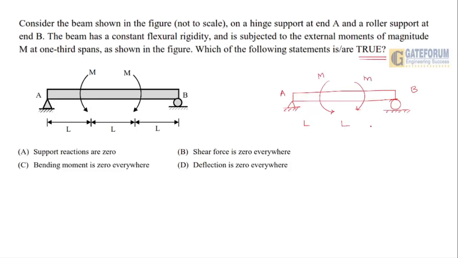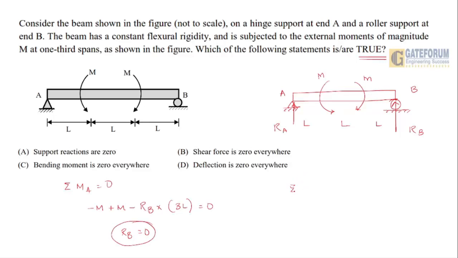Obviously the length is L, L and L. So basically here you have some reactions RA and RB. When we use the equilibrium condition, moment about A equal to 0: minus M plus M minus RB into length 3L is equal to 0, RB equal to 0.